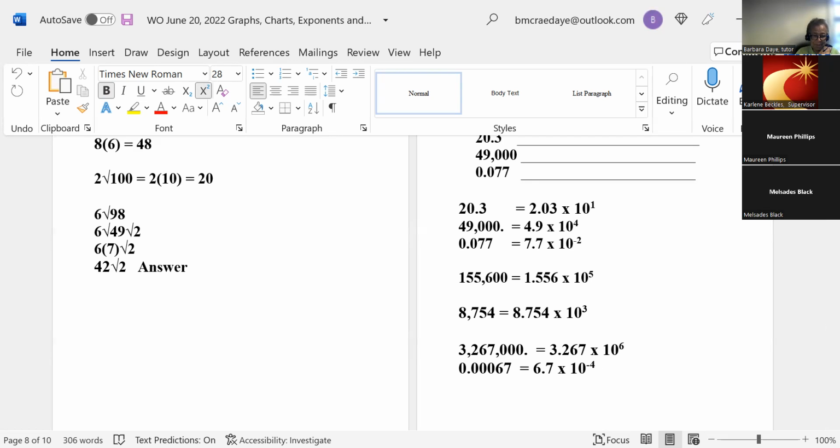Miss, what indication will you give us to know whether to move left or right? Well, if your number is less than 1, like this number, you're going to move from this point to this point. Wait a minute, Miss. What number is less than 1? 0.0067. Isn't that less than 1?